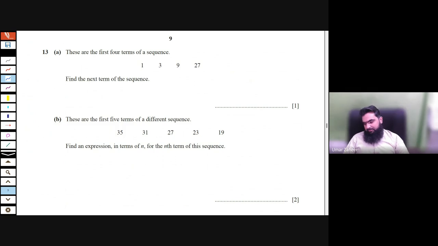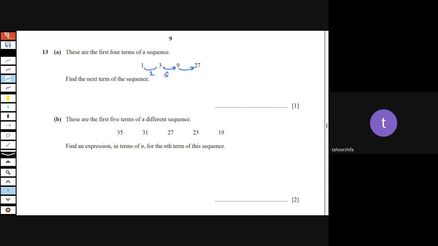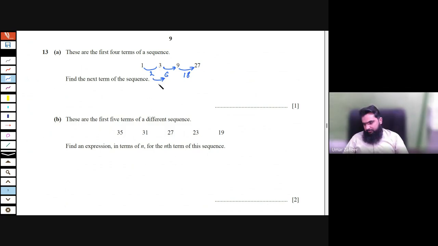It must be a bigger one. The difference is 2. The difference is 6. The difference is 27 minus 9, that will be 18. Is it 45? This difference is 4.